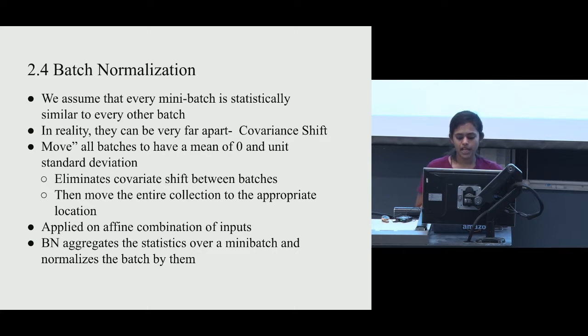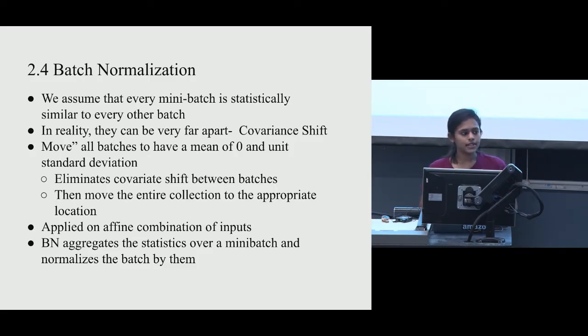What happens in batch normalization is that you try to bring these values together, or you basically try to do a normalization of training instances so that the covariance shift is reduced. The covariance shift is basically how these mini batches are statistically very different and varied across different batches of data.